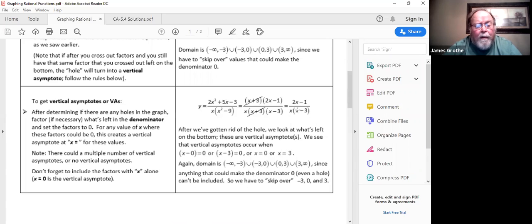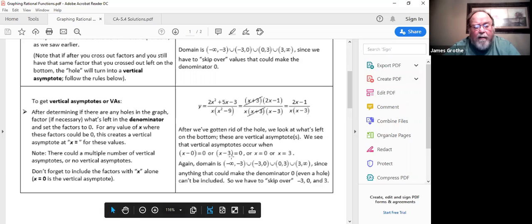And so, again, once you've factored and simplified a rational function, to find the vertical asymptotes, what you'll do is set the denominator equal to 0. In this case, the denominator is x times x minus 3. And of course, when the product is 0, it means one of the factors is 0. So you set x equal to 0, and you set x minus 3 equal to 0.